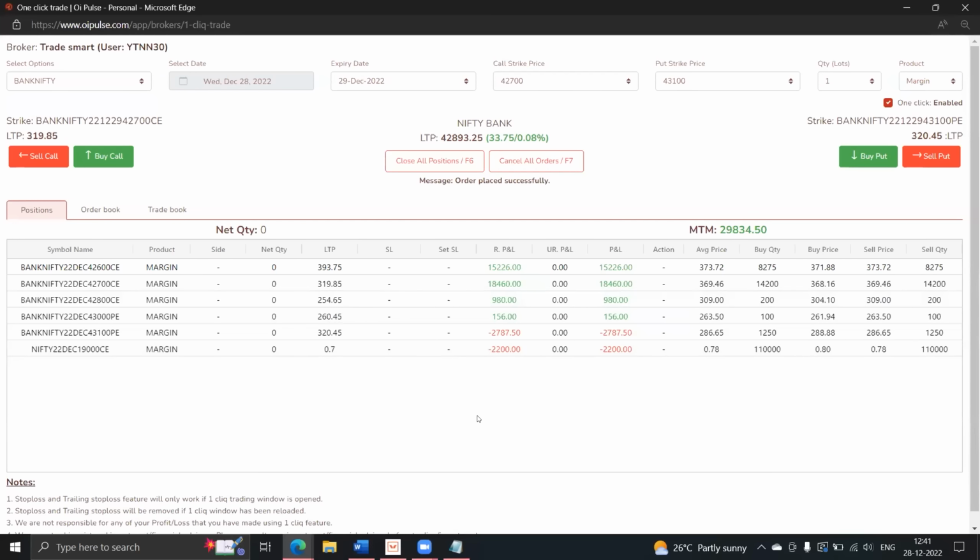Don't try to go for this one because it is going to breach the stop loss levels. Be careful if you're taking it because it is falling with a low volume. I'm just trying to go for a quick scalp.